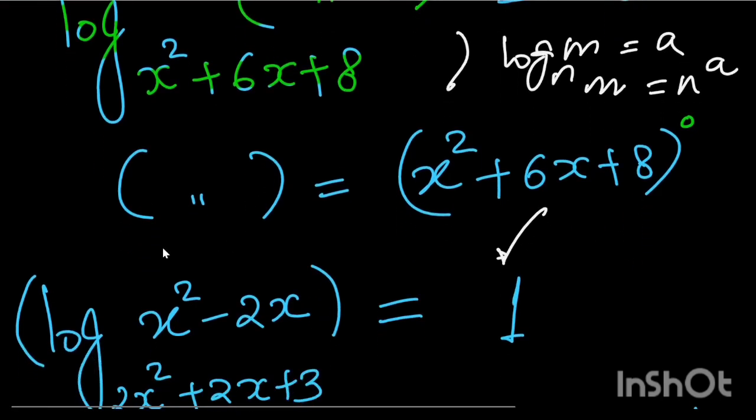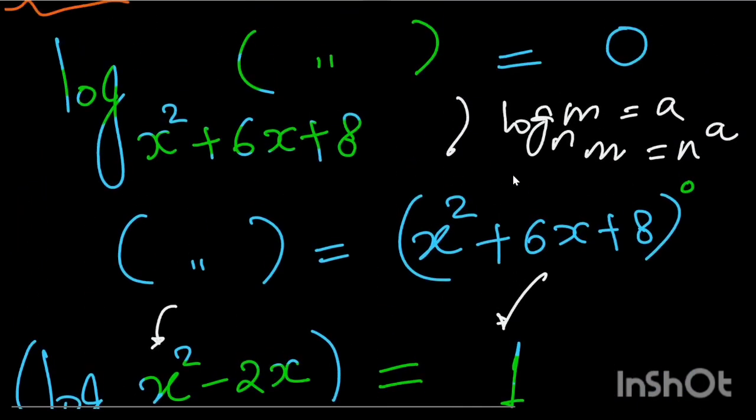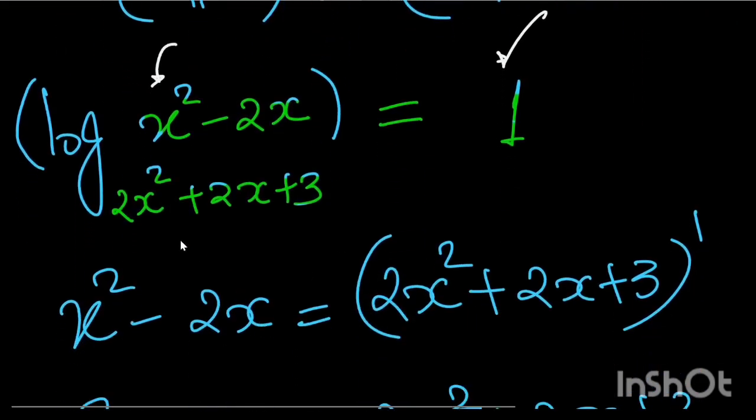Now this outer log, the inside log was log x square minus 2x, base 2x square plus 2x plus 3, equals 1. Again we use the same definition. So this 2x square plus 2x plus 3 will come out and it will push 1. It becomes 2x square plus 2x plus 3 to the power 1.